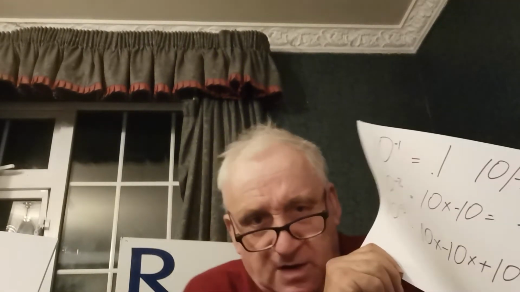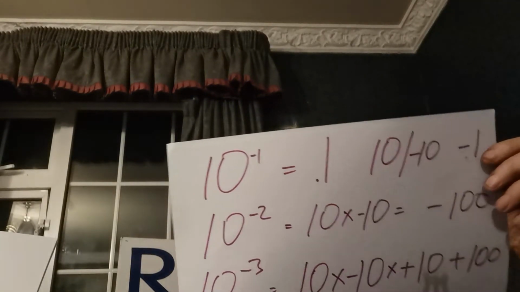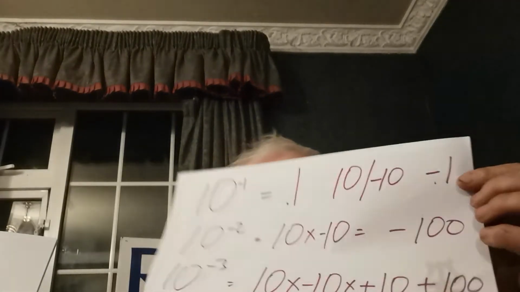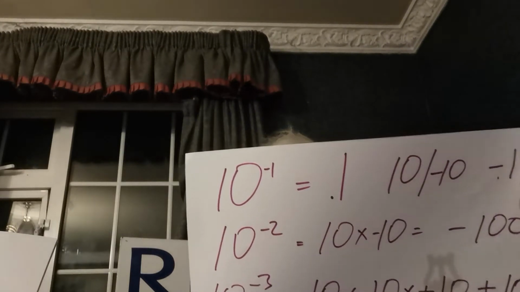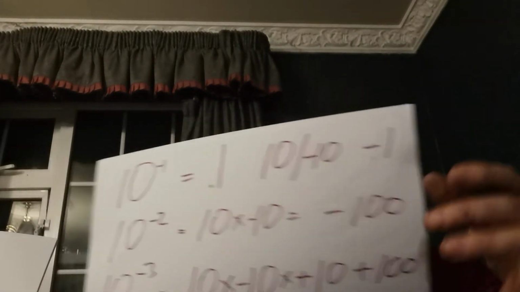But if you take it that actually 10 is a positive figure, 10 to the power of minus 1 is 10 divided by minus 1. So why isn't it minus 1? The answer. 10 squared is 10 multiplied by minus 10 is minus 100. Okay, and it's not. It's not mine. That's what I have here, but it's not. It's actually 100.